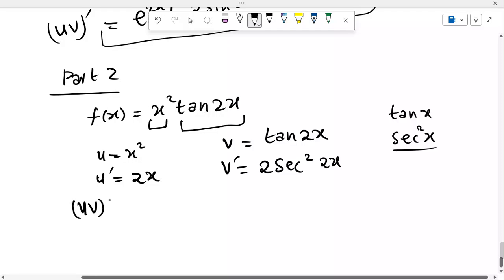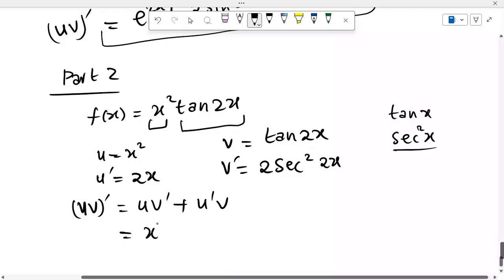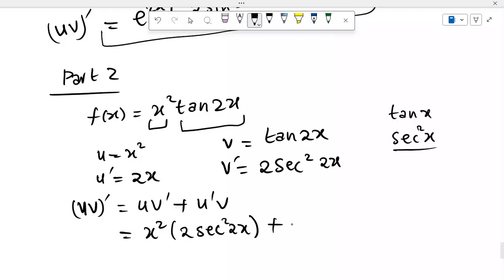Now let's apply our formula: uv prime plus u prime v. Your u is x squared, and your v prime is 2 sec squared 2x, plus your u prime, which is 2x, times your v, which is tan 2x.